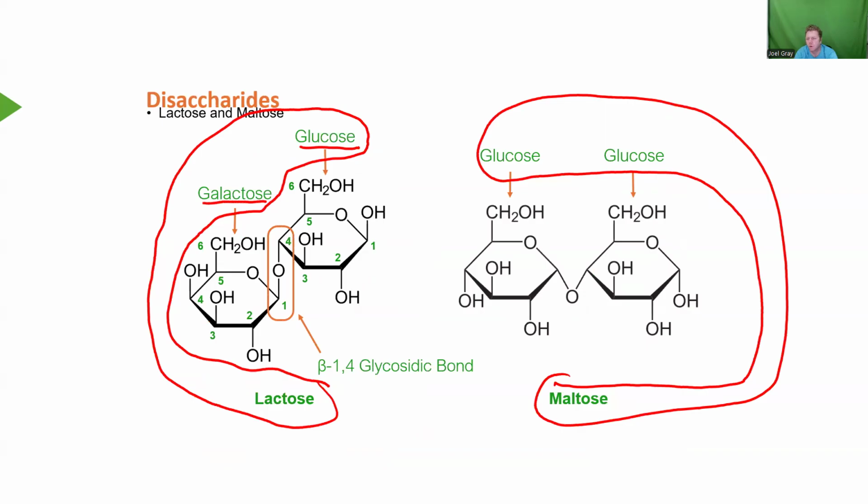You know, if you go and drink milk, if you go to HEB and you get Mutopia branded milk, well, that is milk in which lactose has largely been taken out of it because people don't want the extra sugar. Maltose is glucose and glucose, and that's pretty regularly found in a number of different industrial processes. And if I remember correctly, it's also involved in the beer making process.